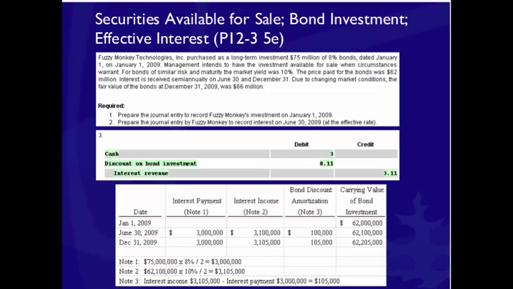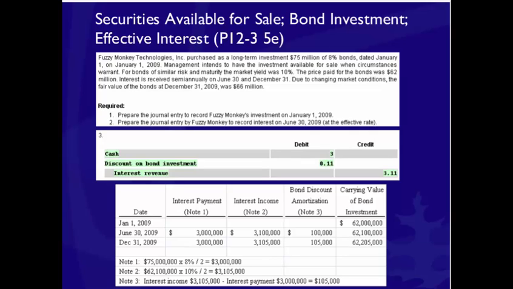times 10%, which is the effective interest rate, divided by 2 because interest is being paid semi-annually, or twice a year, and we come up with interest income of $3,105,000. And that's what we credit, although in the middle of the screen you'll see that it was rounded to 2 decimal places and the entries given in millions of dollars.